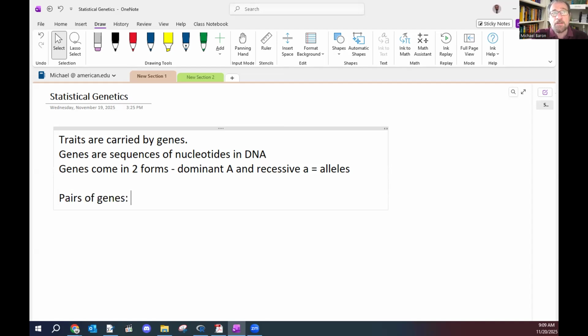Each gene can have both genes in a pair in the dominant form, or one of each, or both in the recessive forms. The genes that appear in the same form, both capital, dominant, or both recessive, are called homozygotes.